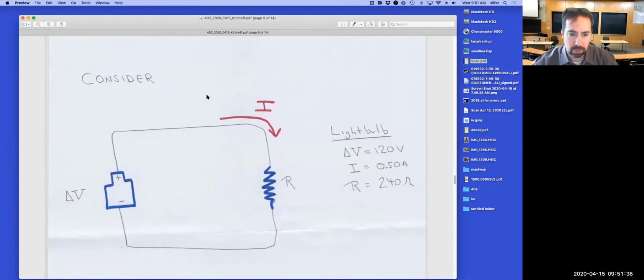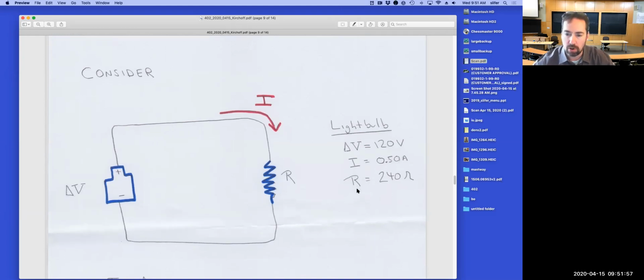So if we have a simple circuit here and say this is a light bulb, then we have a source of potential difference, this battery. We have our resistor over here, and the potential difference typically would be something like 120 volts, the typical current would be something like 0.5 amps, and our resistance is 240 ohms.